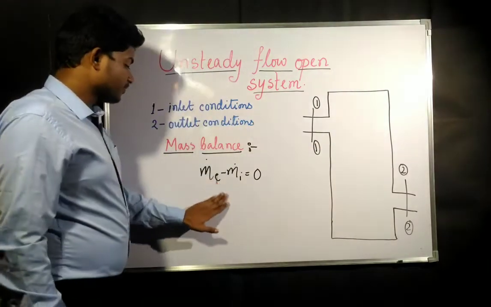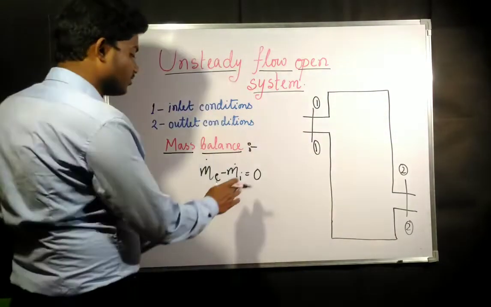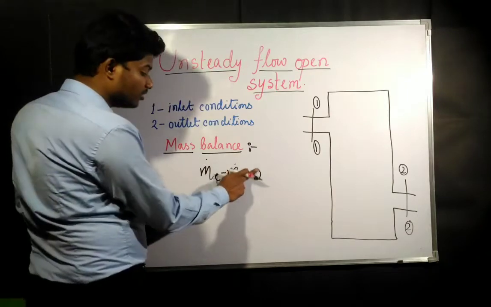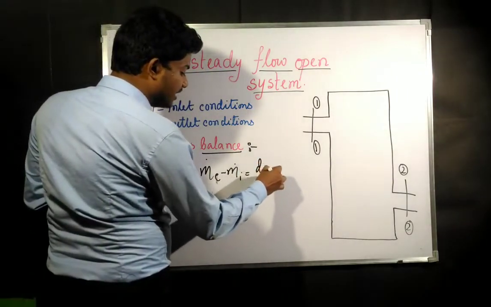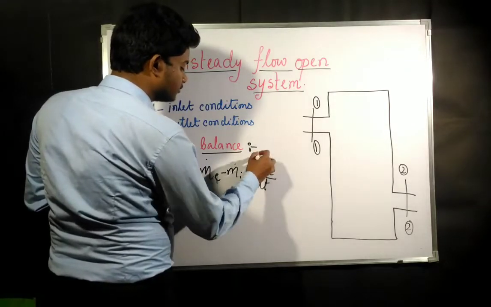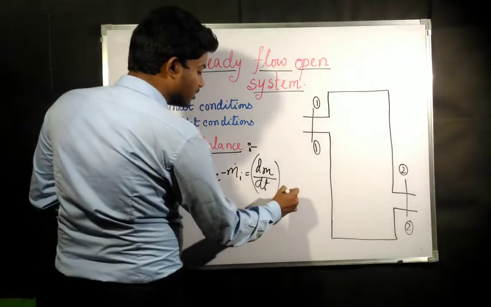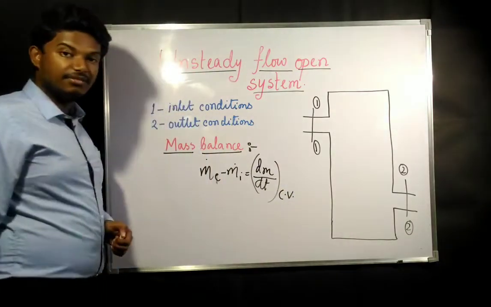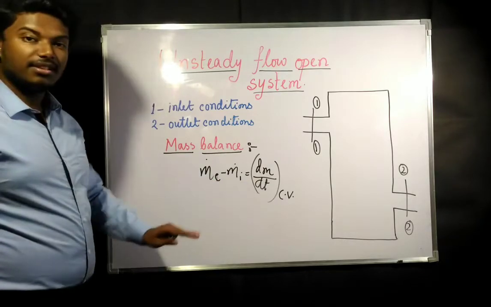Now as this is unsteady, there is one mass accumulation. This is not going to be 0, so let us say that the mass accumulation is dm by dt, that is, accumulation of mass with respect to time for the control volume CV. This is going to be the mass balance equation.